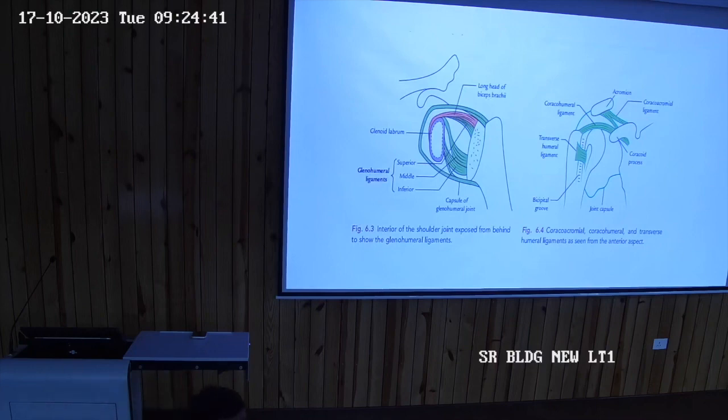So the whole of this fibrous capsule is lined by the synovial membrane. And that synovial membrane has a few openings. The synovial membrane which covers the fibrous capsule has 3 openings. One opening is at the upper end of the bicipital groove.